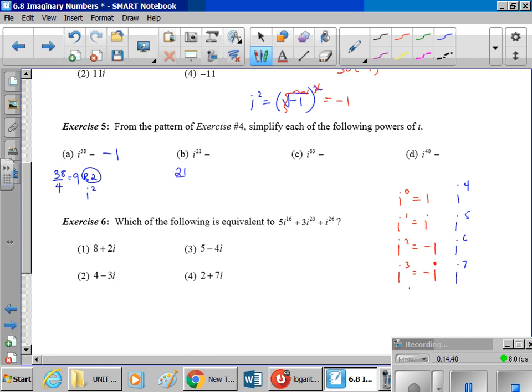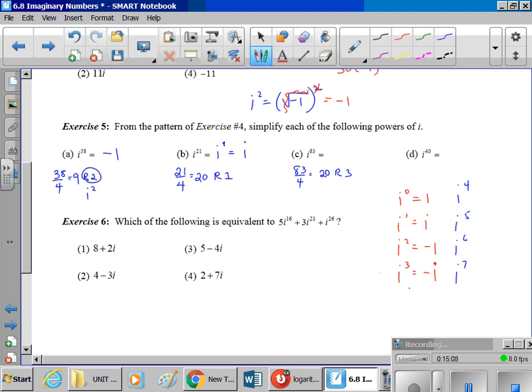21 divided by 4 is 20. This time it has a remainder of 1. So this is the same thing as i to the first power, which is simply i. 83 divided by 4 goes in 20 times, which is 80, with a remainder of 3.